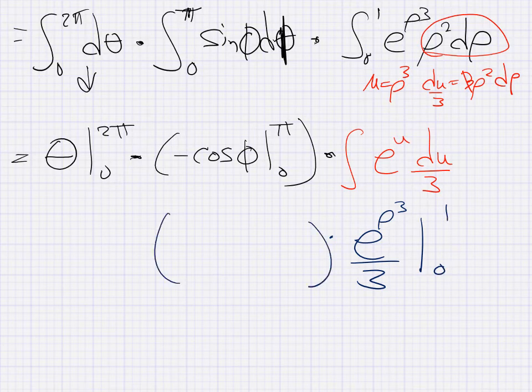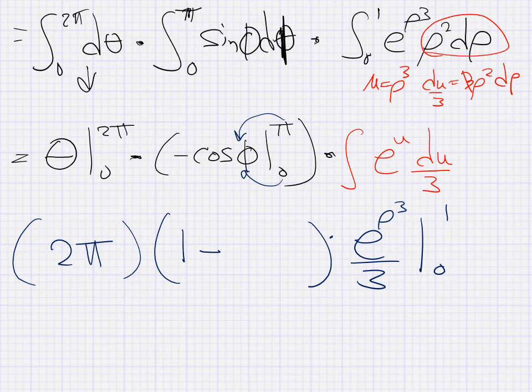So we still have these other two here. So this will be 2 pi. So plug in a pi and then plug in a 0. Cosine of pi is negative 1, so that becomes 1. Minus plug in 0, you're going to get 1. So you get plus 1. And then here I plug in 1 and 0.